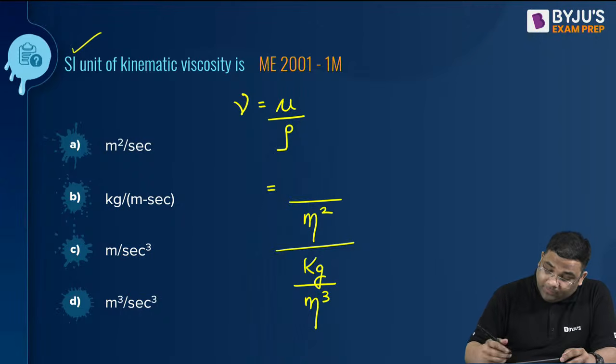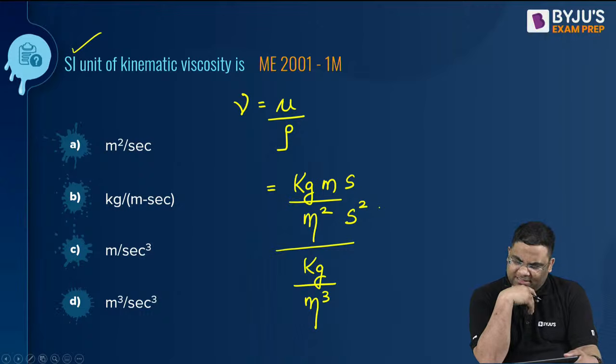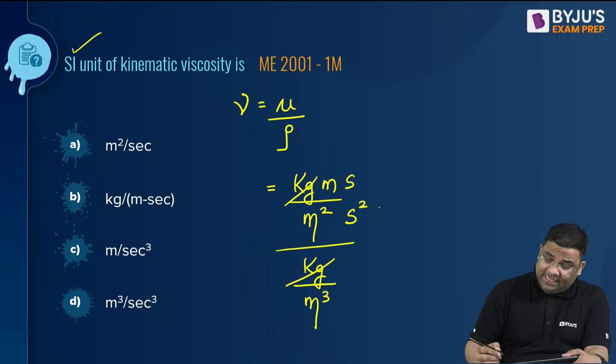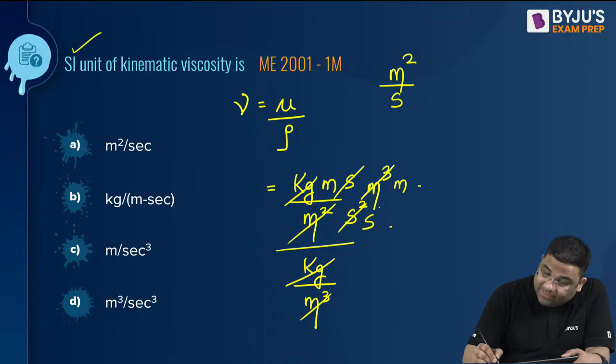And what is Newton? Newton is kg meter per second square, right? Yes. So from here you see kg gets cancelled. If you bring this meter cube above, I'll get a meter here, and then this second gets cancelled. I get meter square per second.